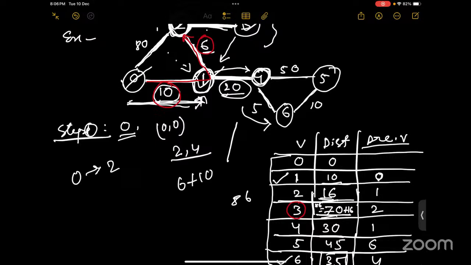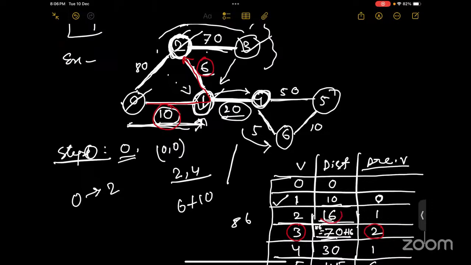So you are avoiding the 80. Yes, right. So the method is that you have to look at the previous vertex, then add the distance of the previous vertex with the weight of the recent vertex.